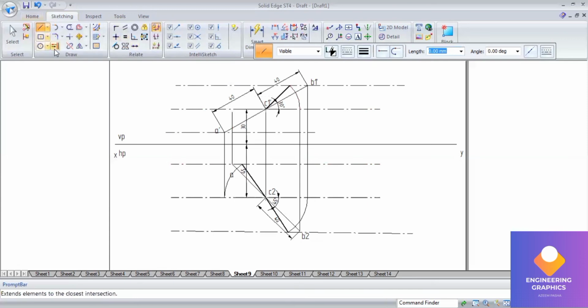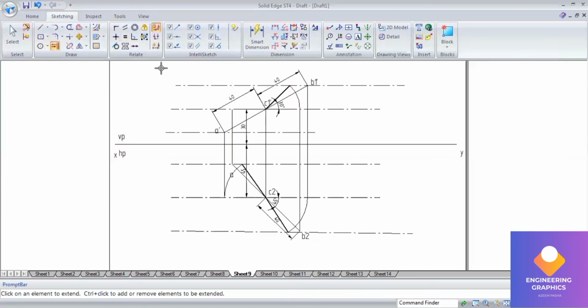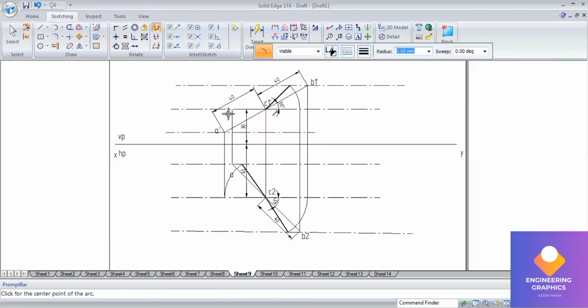So like this we should do it, rotating the upper end length.